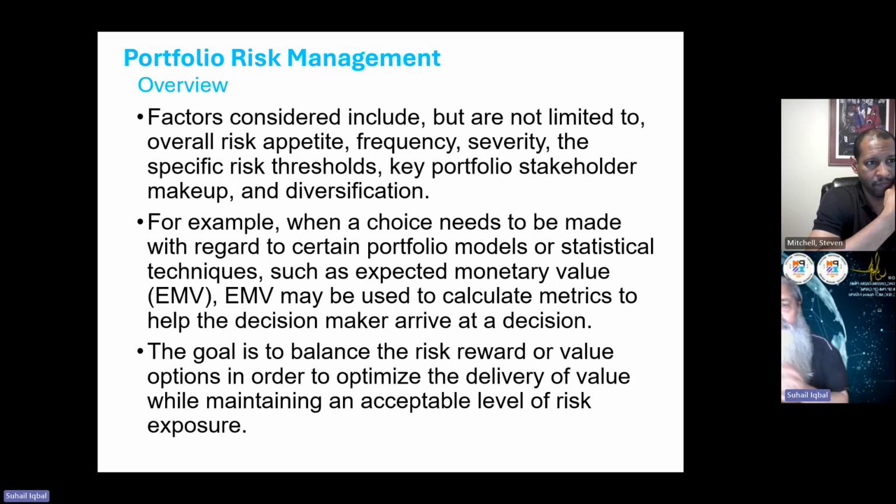Anyways, appetite, frequency, severity. And naturally, the severity of a risk depends generally upon two things: its probability and its magnitude, or impact. The specific risk threshold is the limit you define; anything within that limit is the risk appetite.